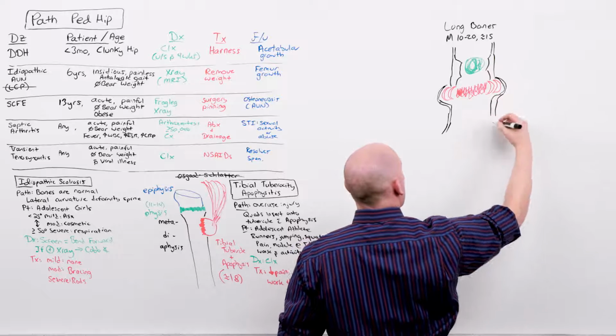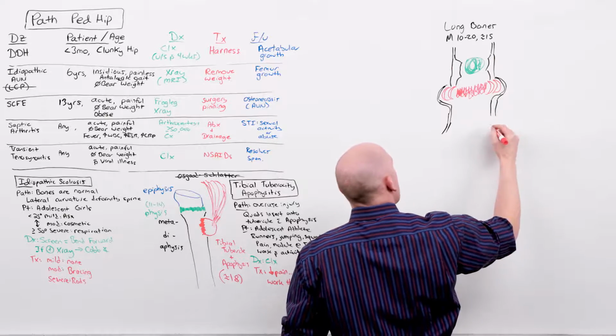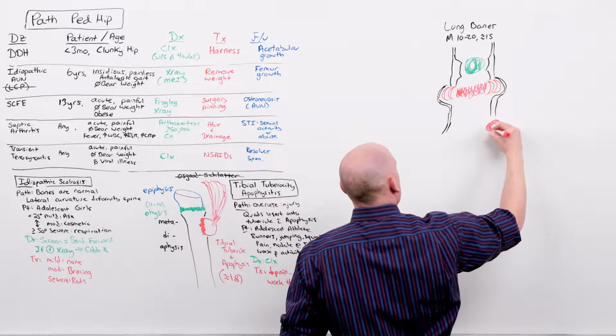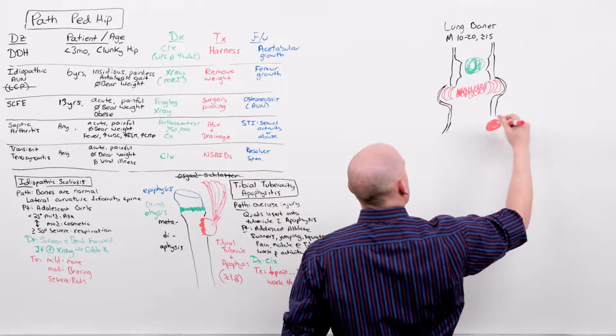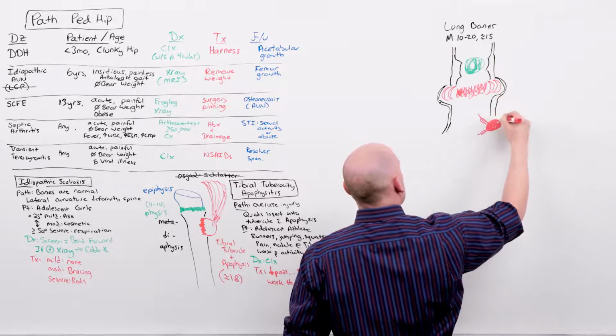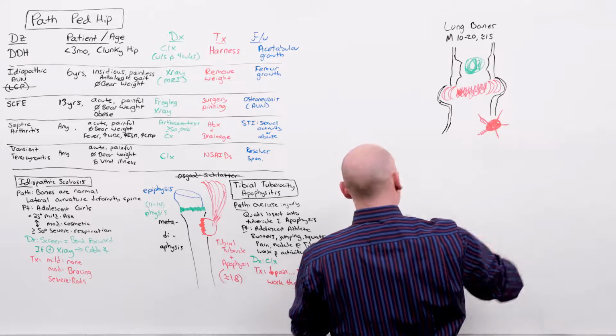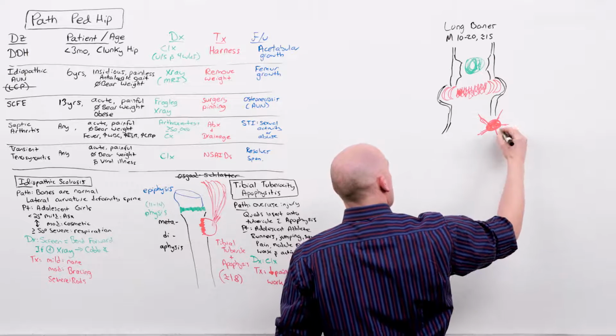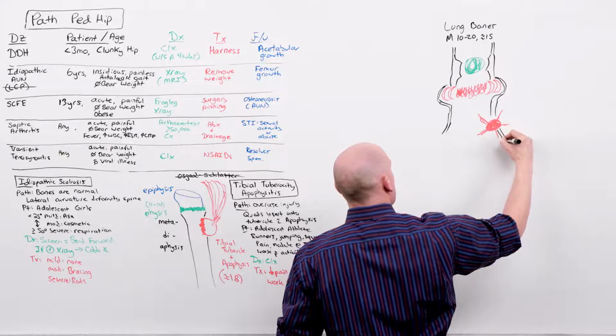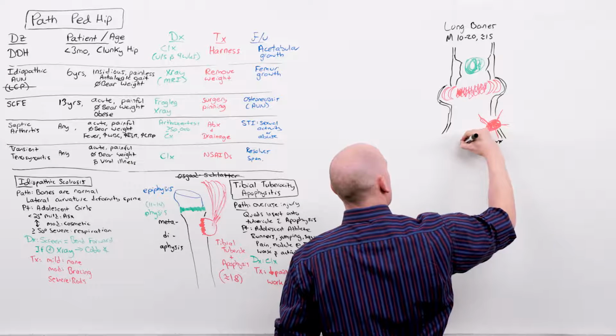There's going to be a malignant metaphysis tumor, which is going to demonstrate a sunburst pattern. This usually occurs near to the epiphyseal plate.